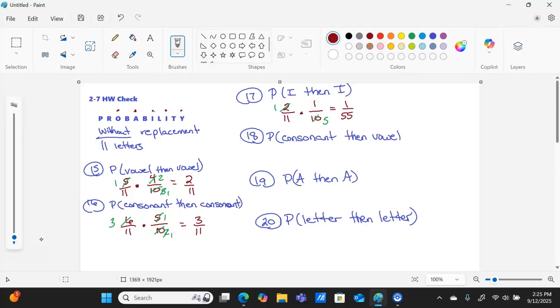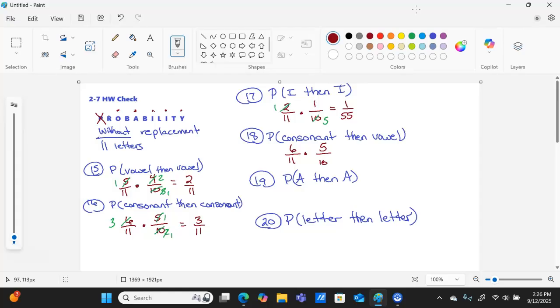A consonant, which we said there were 6 of them out of the 11, and then a vowel. There are still 5 vowels because we didn't choose a vowel the first time, we chose a consonant, but only 10 cards. So, like a visual of that: if I chose a consonant first, let's say I pulled the P, there's a 6 out of 11 chance that I get a consonant.